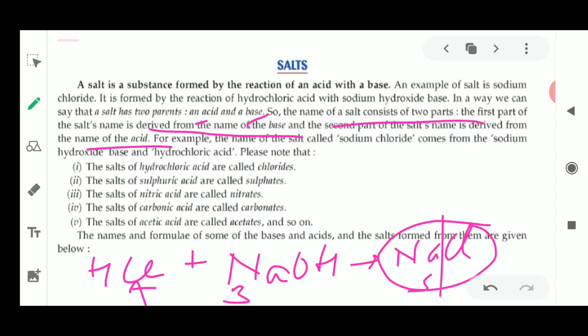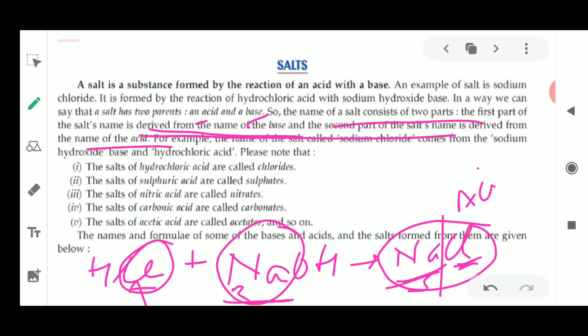The first part of the name, that is sodium, is obtained from where? It is obtained from the base. The first name is always obtained from the base, and the second part is obtained from the acidic part, which means this chloride is coming from the acid, and this first part is coming from the base. Remember this. So there are two parents of a salt.